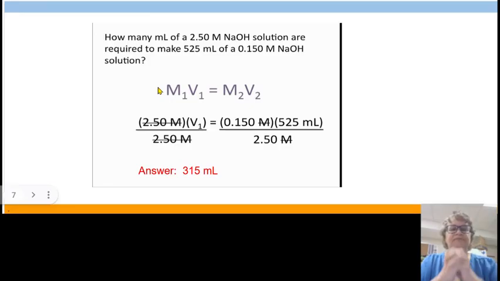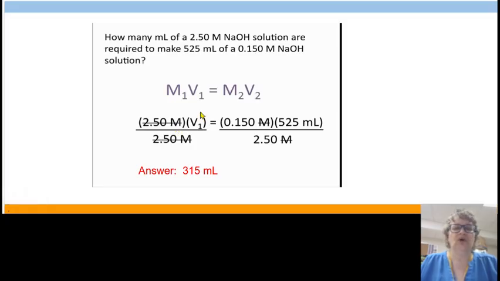Here's an example. How many milliliters of a 2.5 molar sodium hydroxide solution are required to make 525 milliliters of a 0.15 molar sodium hydroxide solution? So we're starting with 2.5 molar sodium hydroxide.